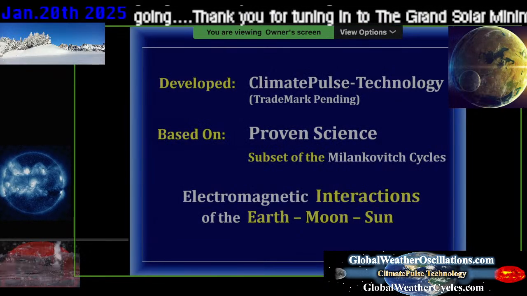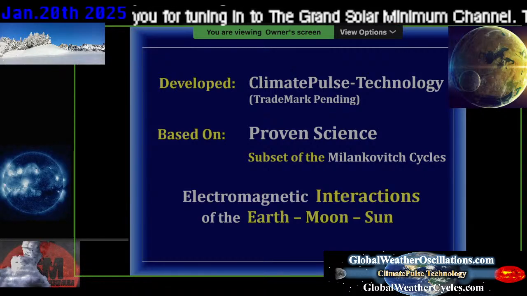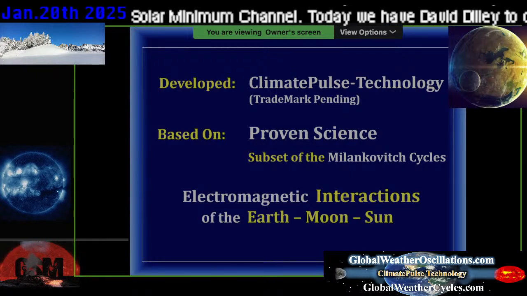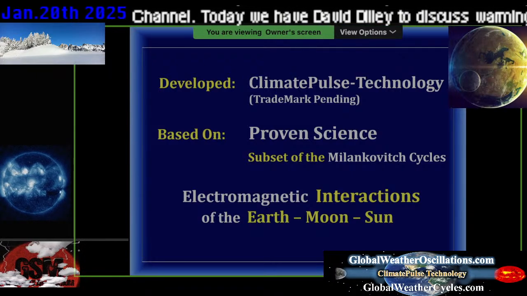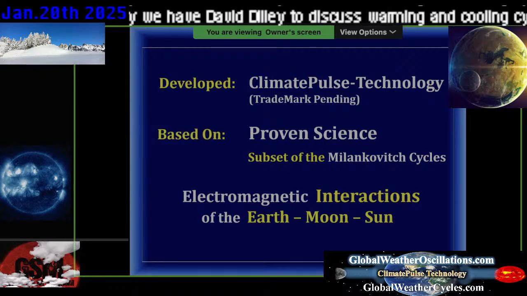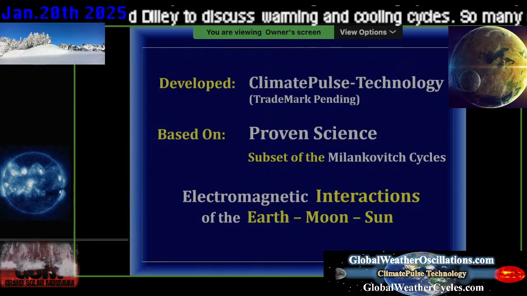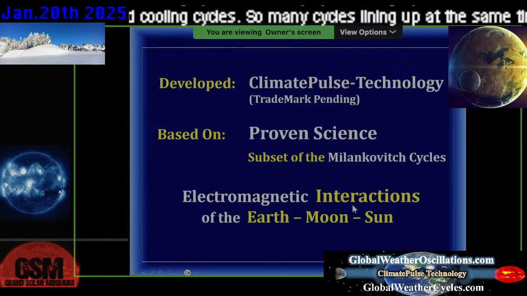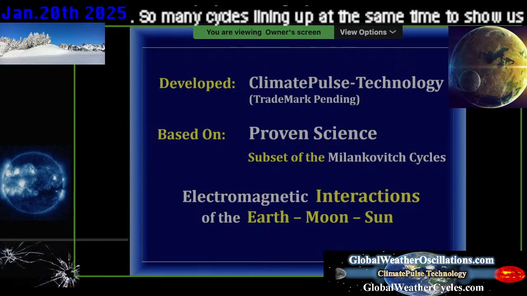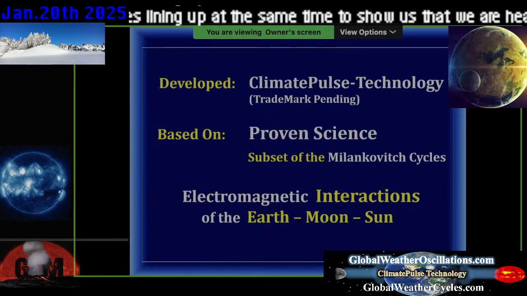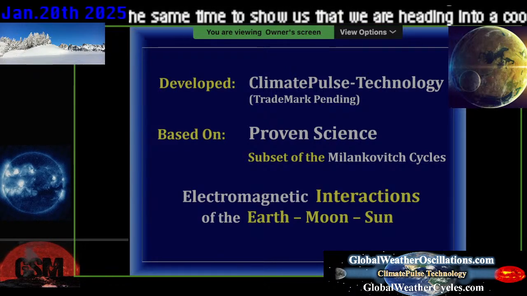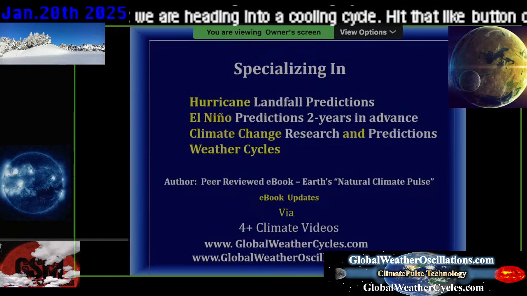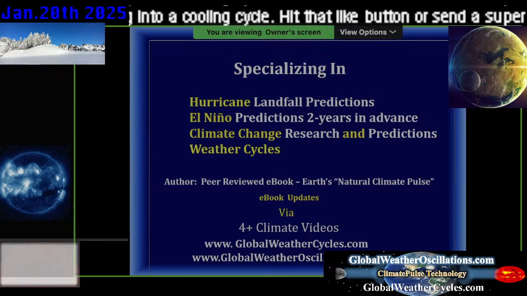And here at GWO, I created climate pulse technology, and it is based on proven science, the Milankovitch cycles, subset cycles of it. And it's all proven science. It is essentially electromagnetic interactions between the Earth, Moon, Sun, and also solar cycles. Here at GWO, we specialize in hurricane landfall predictions. We predict the landfalls.